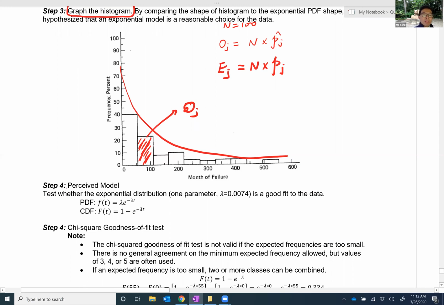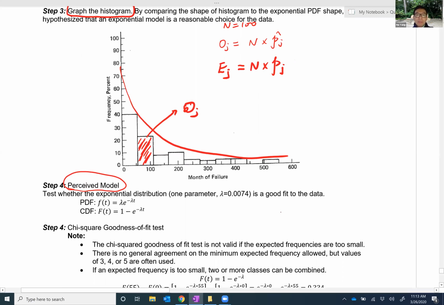Now, step 4, let's get the preconceived model. Test whether the exponential distribution with this lambda is a good fit to the data. So how do we get the lambda?